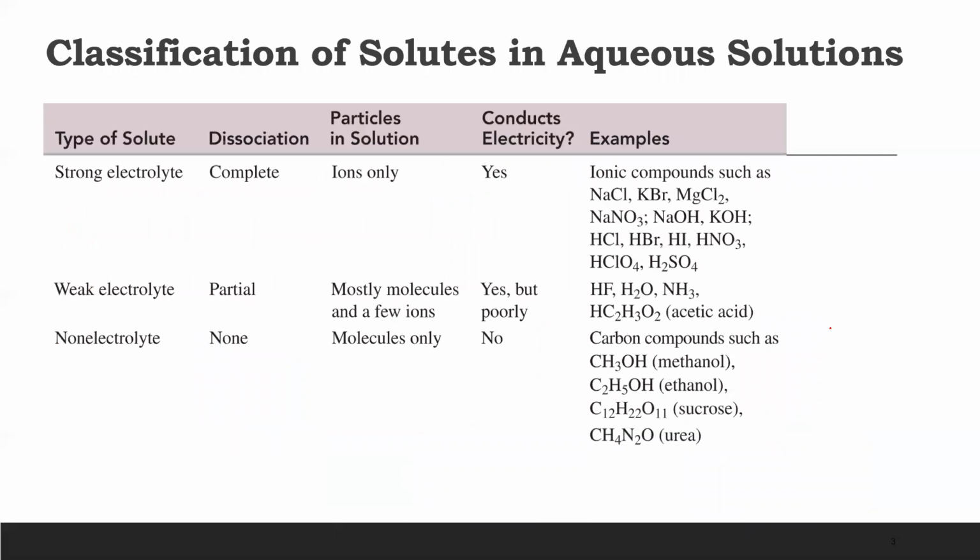So of the three types that we just discussed, strong, weak, and non-electrolyte, just keep in mind that strong electrolytes completely dissociate. There's only ions present, so they're good conductors. What are examples? Soluble ionic compounds. We also see examples of some strong bases, like sodium hydroxide and potassium hydroxide.